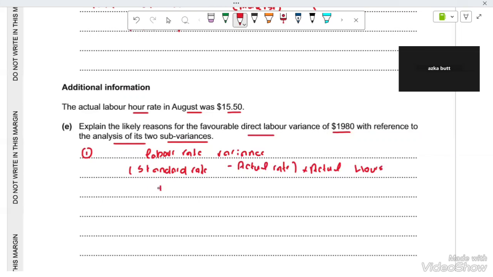So the standard rate was $15 minus 15.50, the actual rate, multiplied by the actual labor hours, which was 6,840.